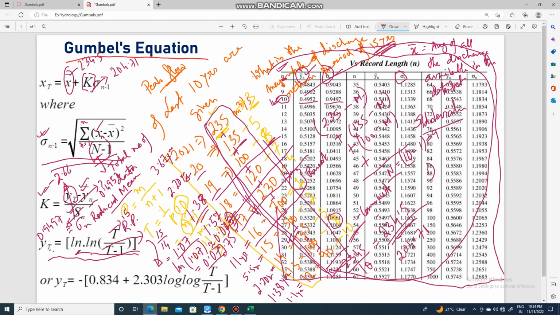Again I apply log normal on 1.07 and I found this 0.07. Now I again apply log normal because log normal of log normal T by T minus 1 is Yt. So we again apply another log normal on 0.07 and we find the value as minus 2.66.